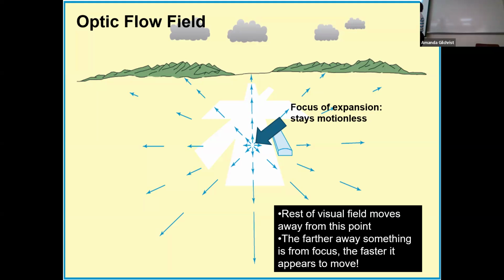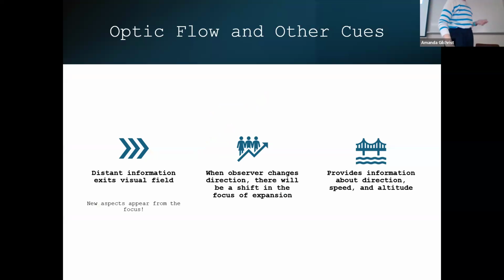So the focus of expansion will stay motionless, but all of the environmental information is going to radiate outward from that focus of expansion. And the rest of the visual field will move away from that point. Things that are farther away from that focus of expansion will move much more quickly out of view.